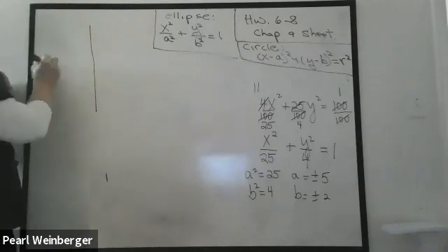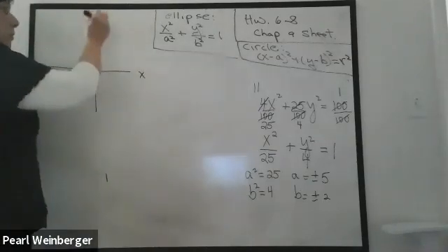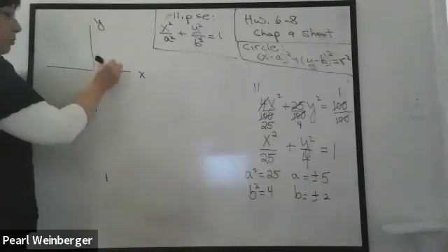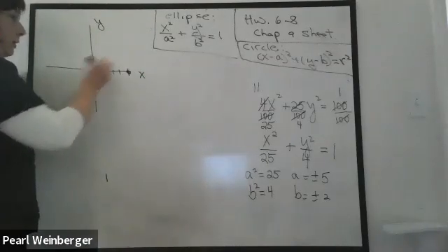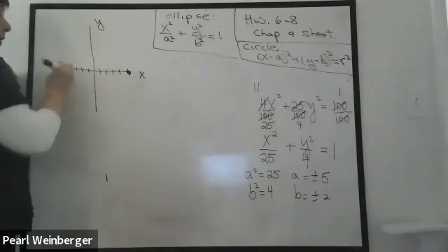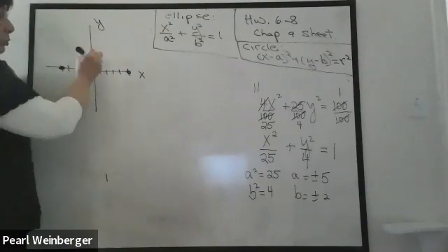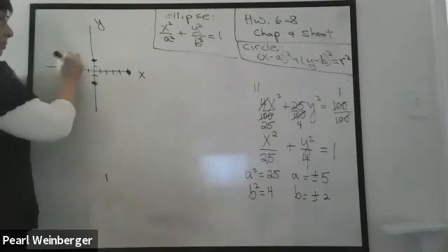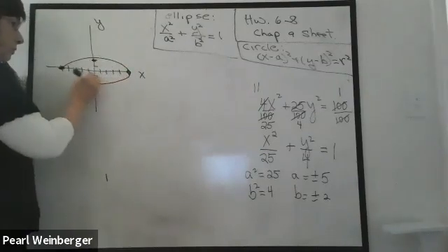Here's my graph. We said that the x-intercepts are 5, 1, 2, 3, 4, 5 to the right, and -5. And my y-intercepts are 2 and -2. So here's my ellipse.